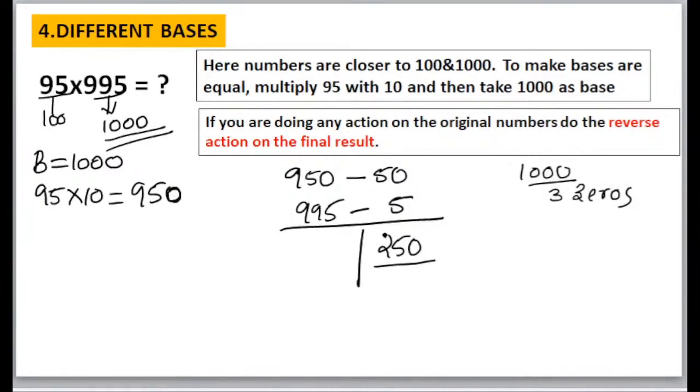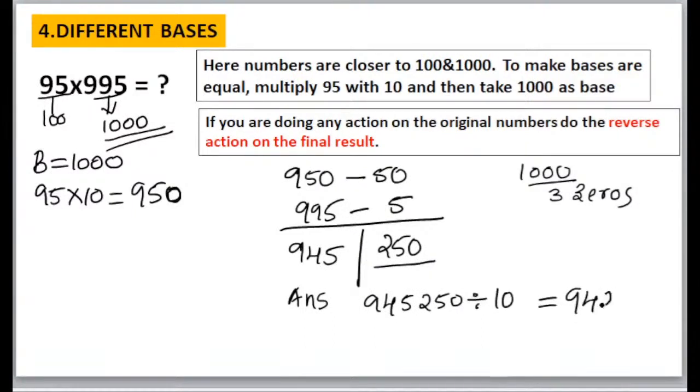So that is okay. Then 950 minus 5 is equal to 945. So our answer is 945, 250 divided by 10. That is 94525. This is your answer.